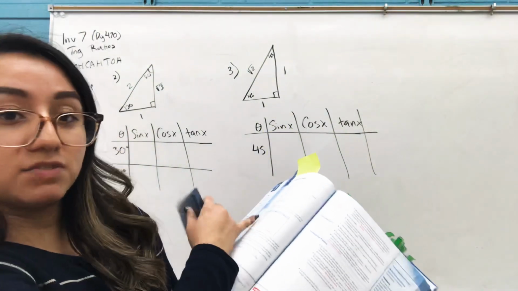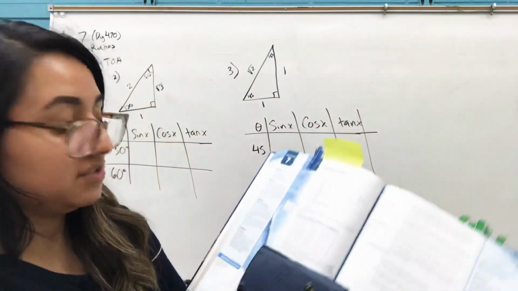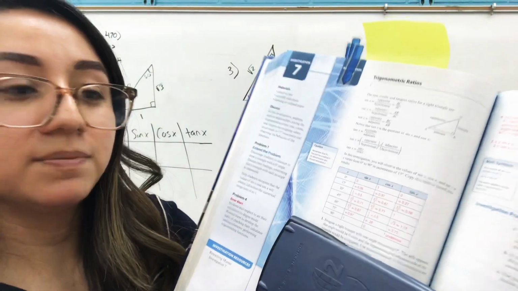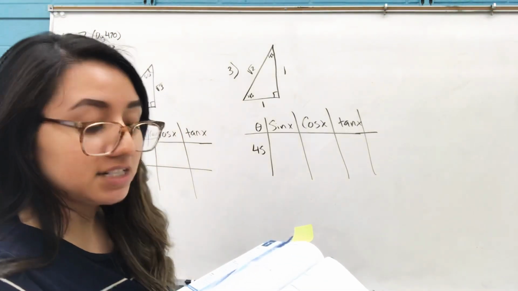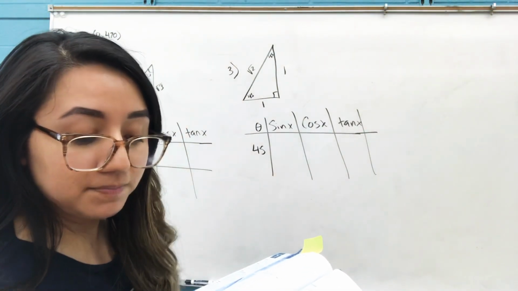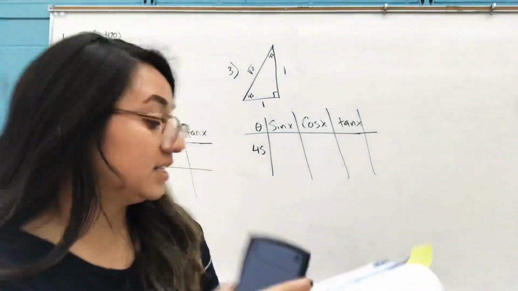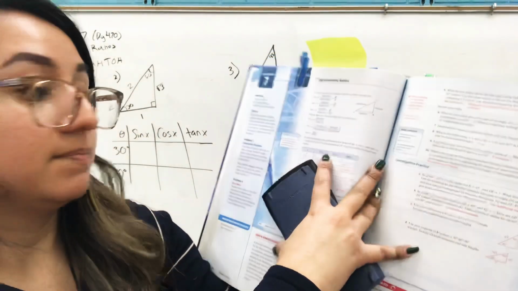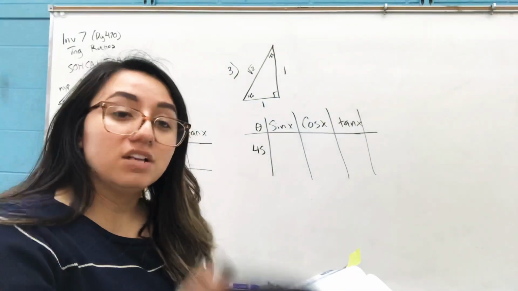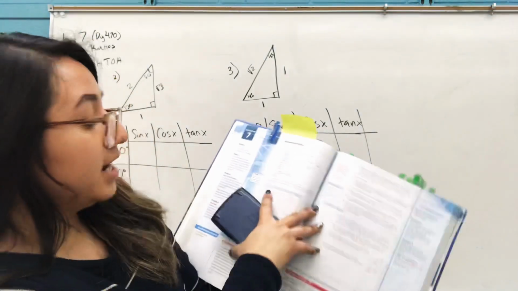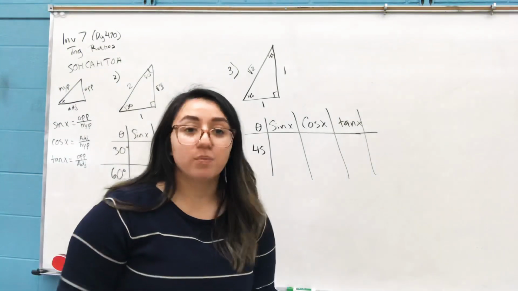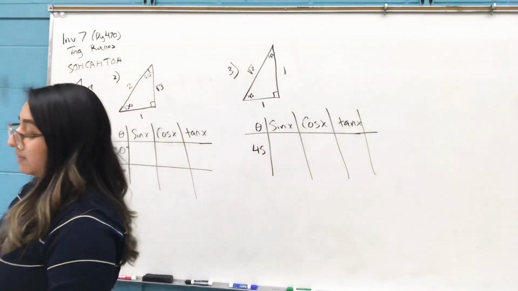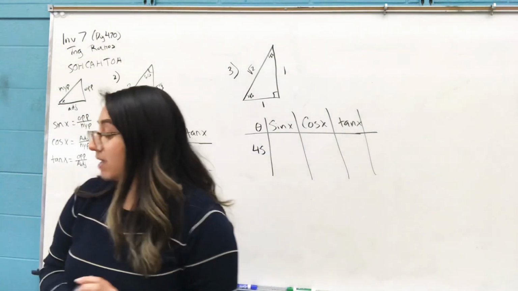It says sine of x, so if we do the sine of 0, we end up with 0, and that would be the first answer. So you're plugging in all of these numbers for x in this column and finding what your sine, cosine, and tangent is. It's not homework or anything, it's just good practice for you with your calculator.